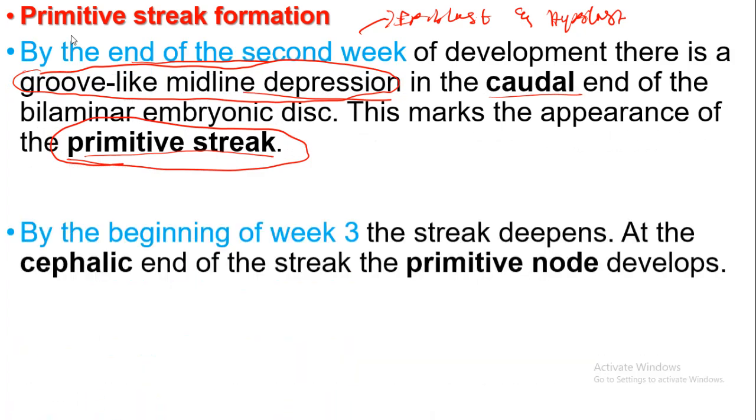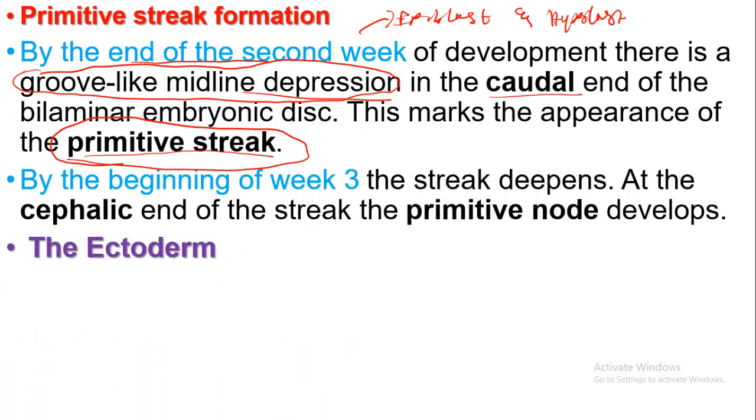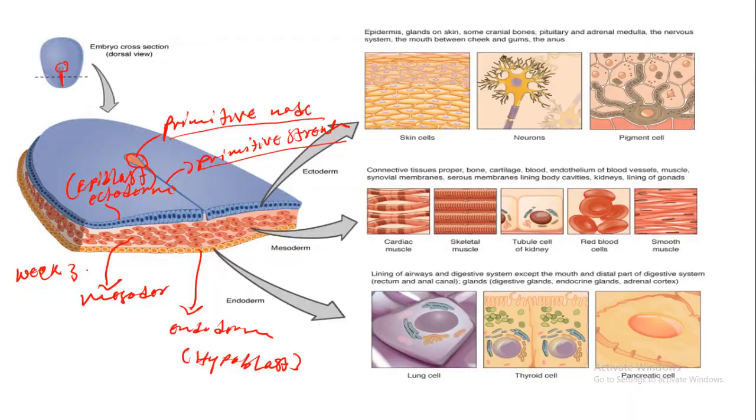So let's quickly move on and look at what we need to understand. The cells of the ectoderm will start migrating toward this streak. So remember these cells, these are the cells of the ectoderm. They will start migrating this side toward the streak. Remember there is a primitive streak here, which is a groove-like structure.